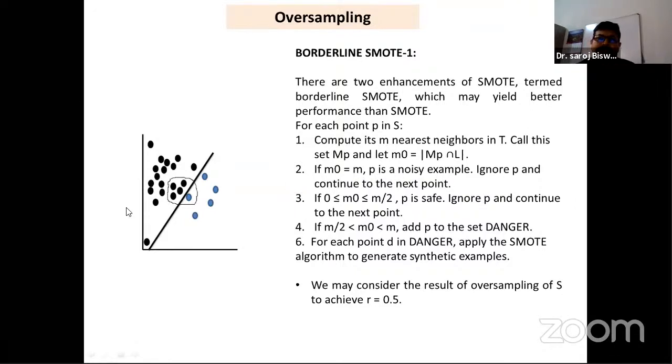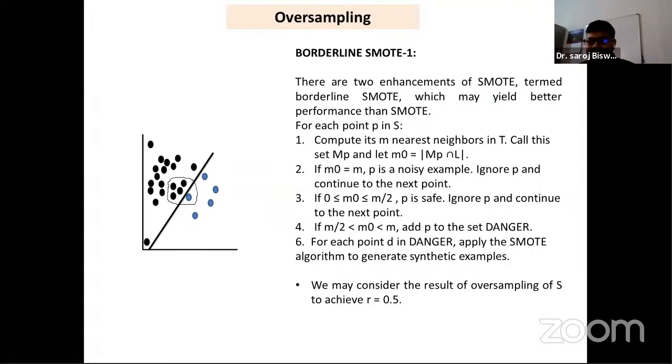Actually, in borderline SMOTE, the sample which is very close to the border, we are not going to create synthetic patterns based on that observation. The patterns which are neither far away from the boundary nor too close to the boundary, we will select this kind of patterns, and then we'll create a number of synthetic patterns from there.